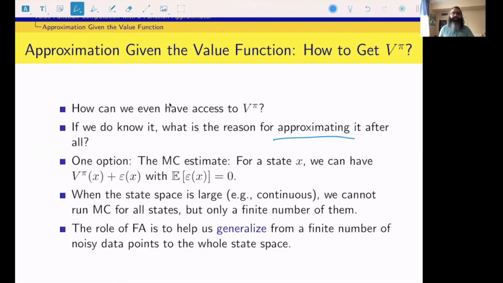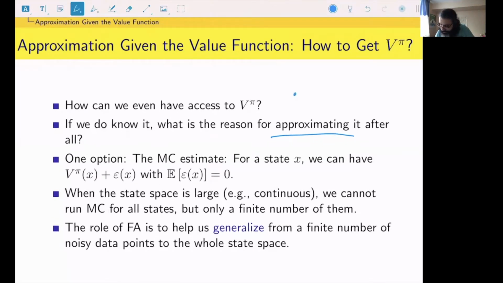So one option is to use Monte Carlo estimate. If you remember, Monte Carlo estimate was that we essentially start from state X, say, and then we follow the policy, and we compute the return.